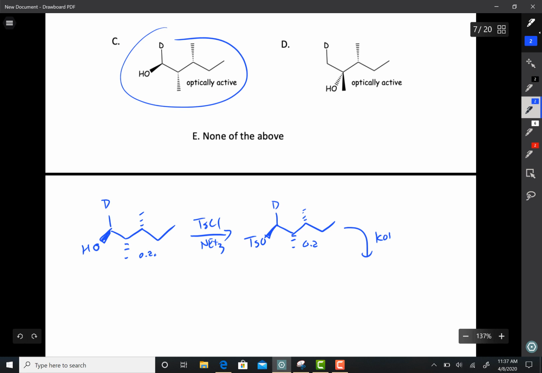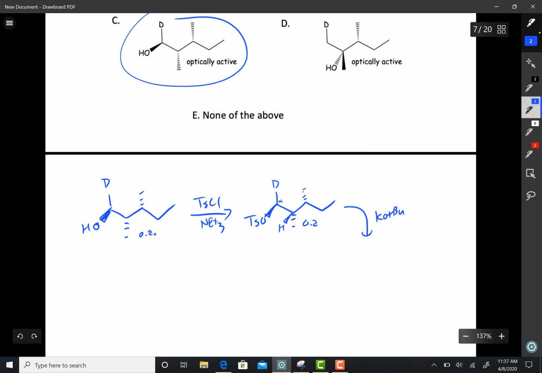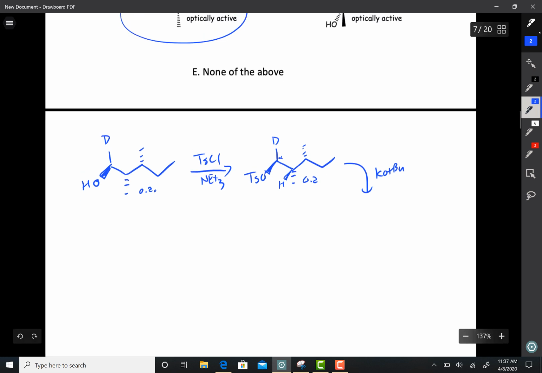Potassium tert-butoxide does an E2 elimination. That alpha carbon is primary, but since we're using a bulky base, we can still eliminate it. Now to figure out the stereochemistry of this, the hydrogen and the OTs group must be anticoplanar to each other.